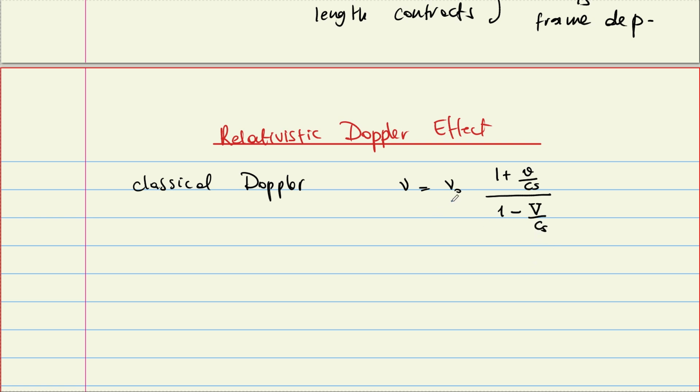Here, nu naught is the frequency of the source, the ambulance frequency, and nu is the frequency you hear. This lowercase v is the observer speed, and this uppercase V is the source speed.